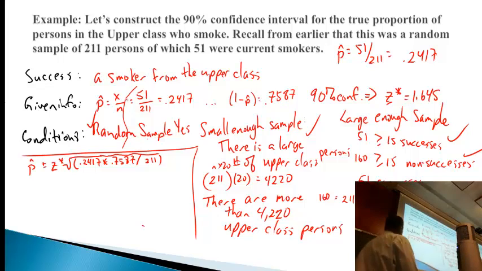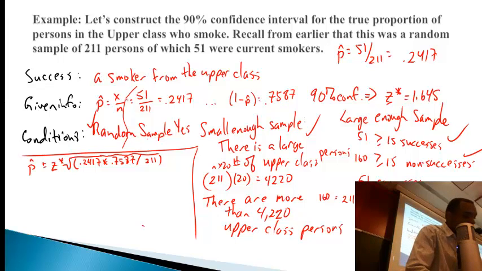It's the square root, radical of 0.2417, 0.7587, 211. So p hat is 0.2417. I'll make it a little bit bigger this time for you, George, okay? So 0.2417. We had this debate, but not really much of a debate. 1.645.